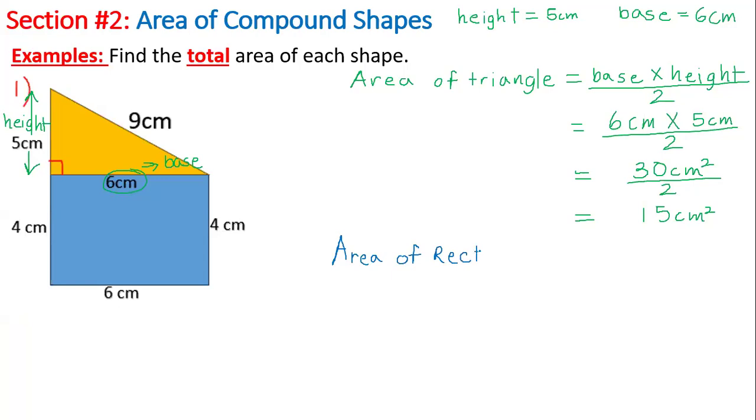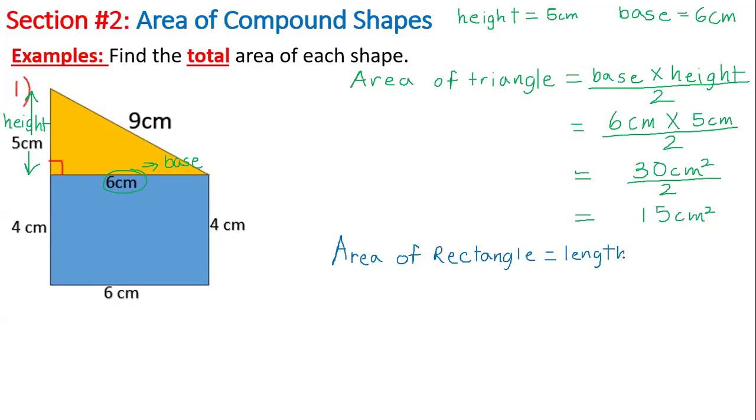So the area of a rectangle is going to be equal to what? The length multiplied by the what? The width.